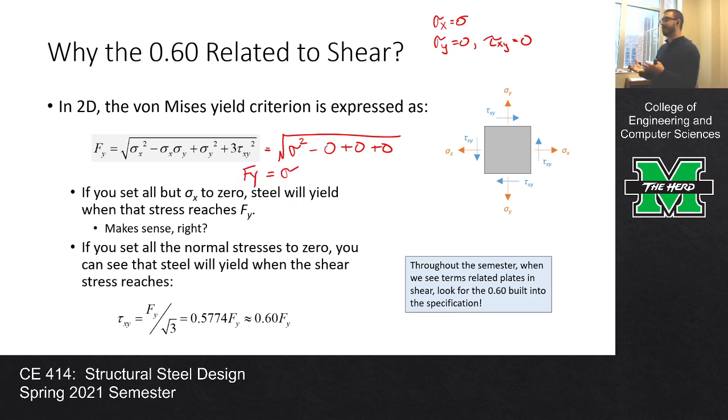And I think that makes sense. If you have a piece of steel in tension and you yank on it, when does it yield? When the stress equals Fy. That's pretty easy.